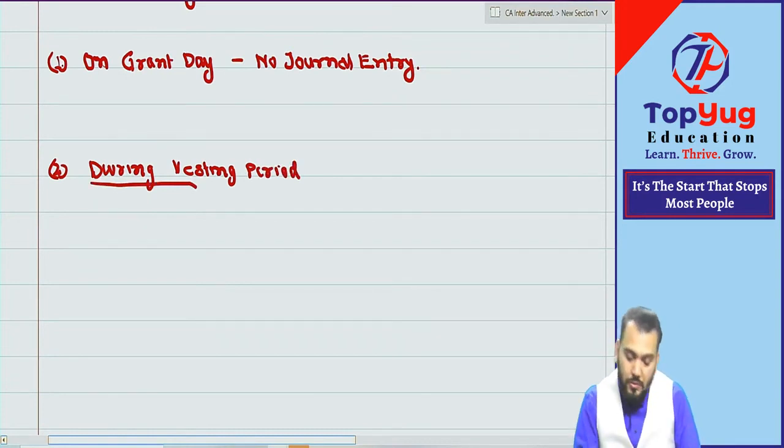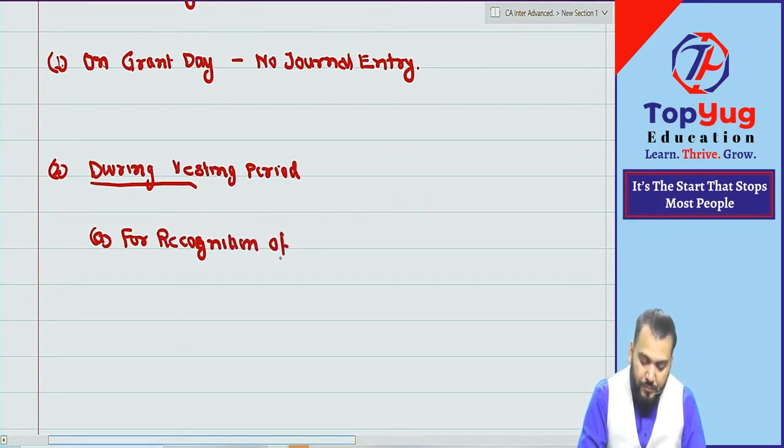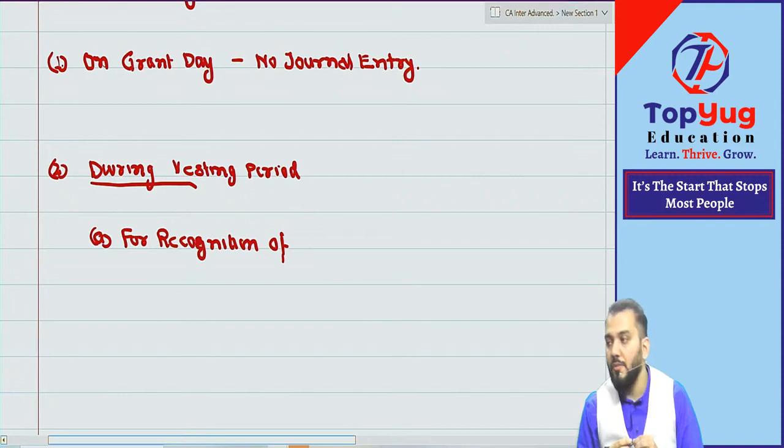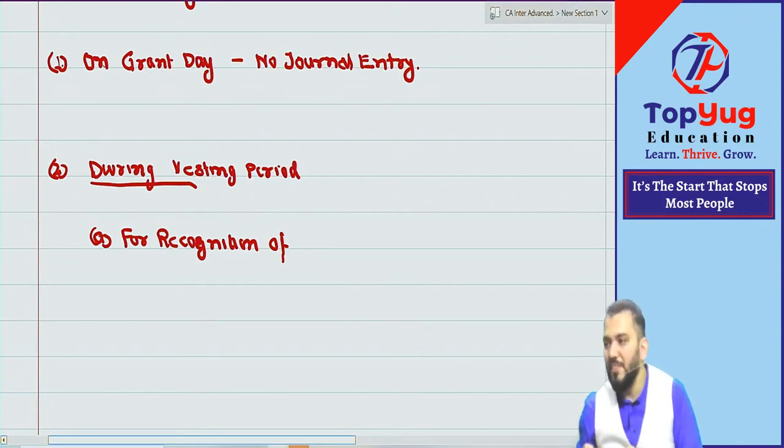Write down in this point A, for recognition of employee benefit expense, means we need to recognize expense at the end of each accounting period.